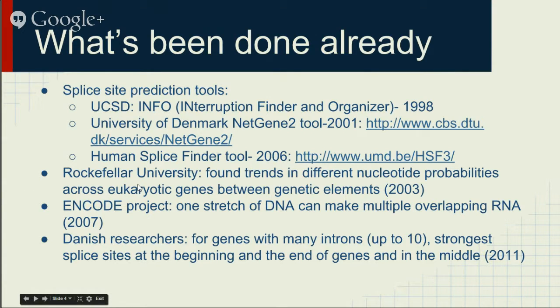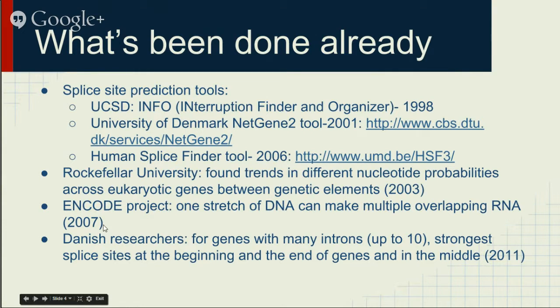At Rockefeller University, researchers found that there are different nucleotide frequencies in different genetic elements, like promoters, exons, and introns. That can provide a good clue for where splice sites may be. The ENCODE project, a follow-on to the Human Genome Project, is basically trying to identify all the functional elements in the human genome.